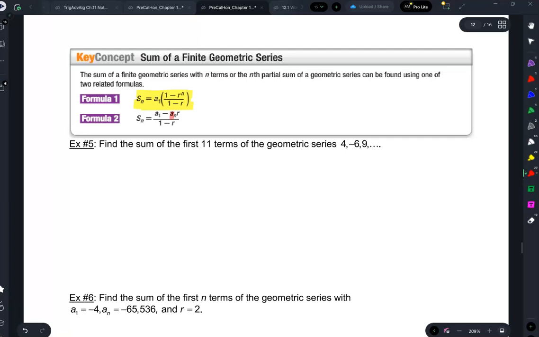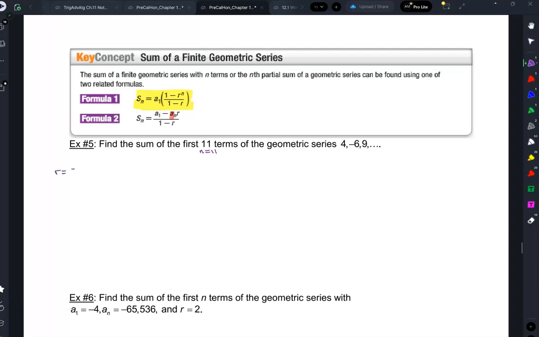In the previous one, you don't have a sub n. So depending on what you have, that's how you choose the first or the second one. Okay, so let's see what we got here. Find the sum of the first 11 terms of the geometric series, this. So n is 11.